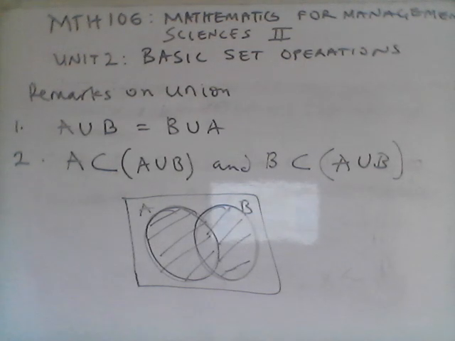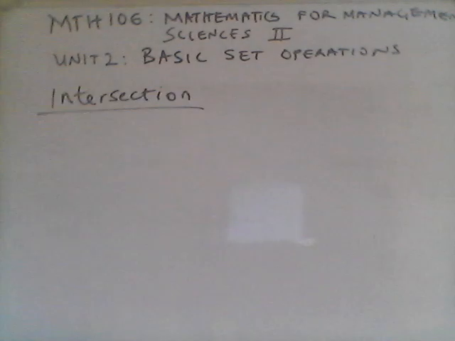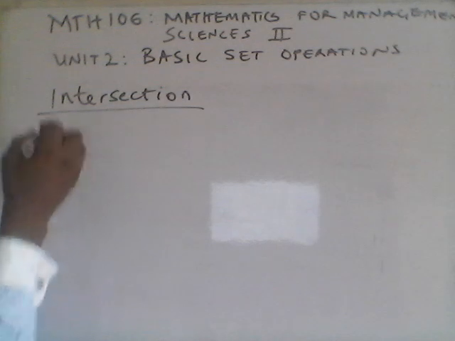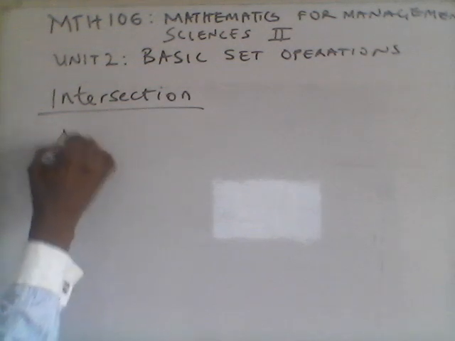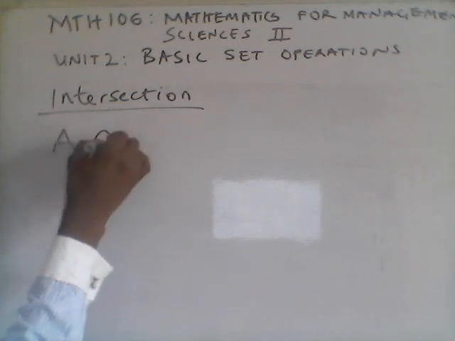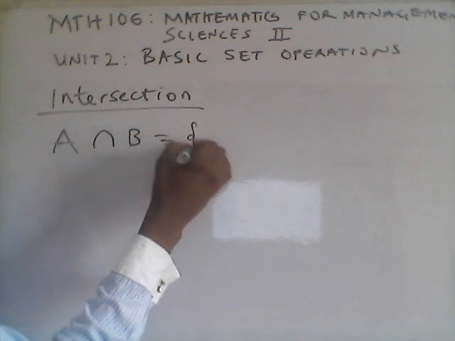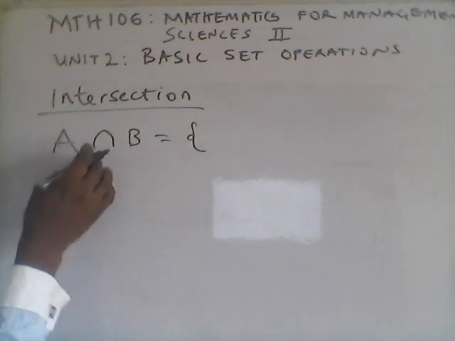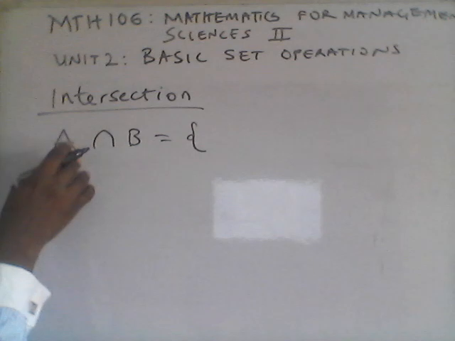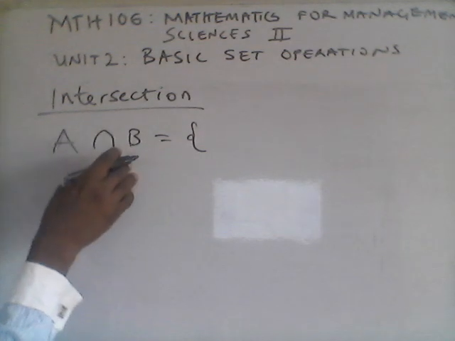We go into the next operation, which is intersection. So intersection is a resultant set that comes if two sets operate. There's an operation between two sets, and the resultant is the elements that are in A and are also in B at the same time.